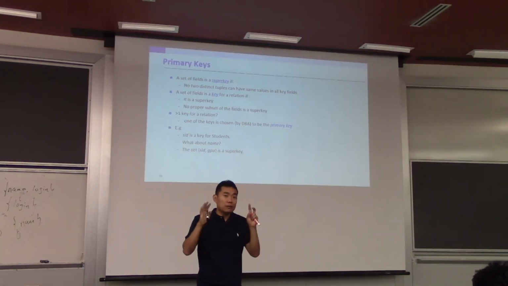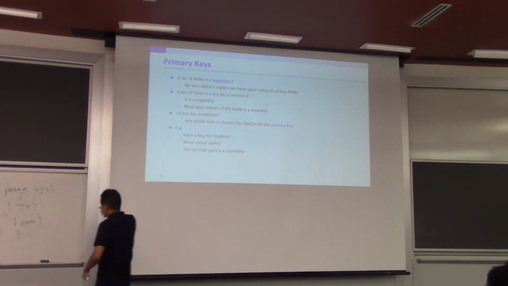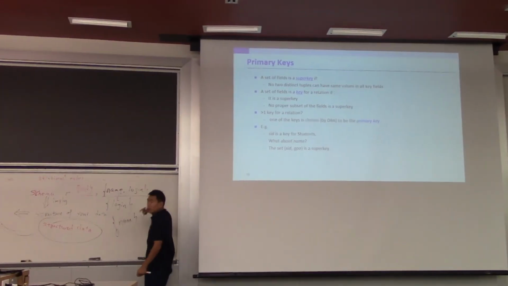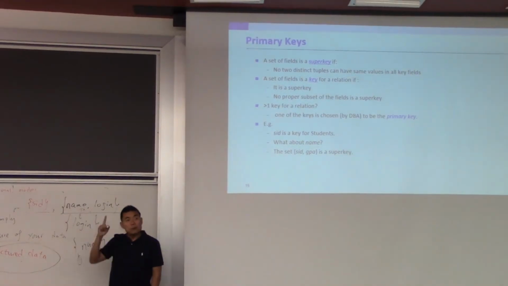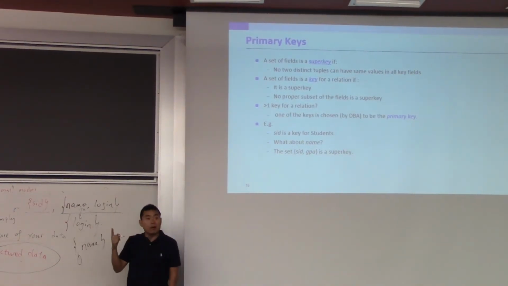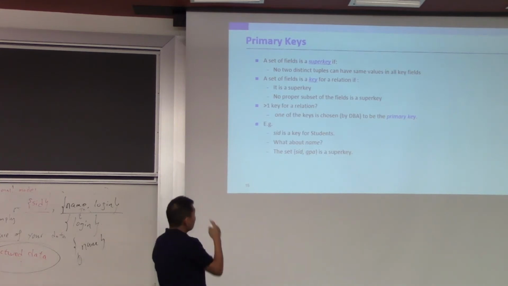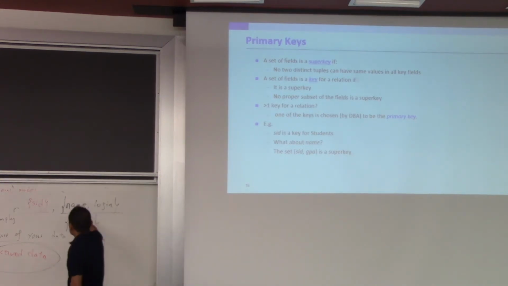If I just say subset, then the set itself is considered a subset of itself. But when you say proper subset, that eliminates the set itself from being a subset. Follow me? Okay? So if you look at this definition, is name, login a key?